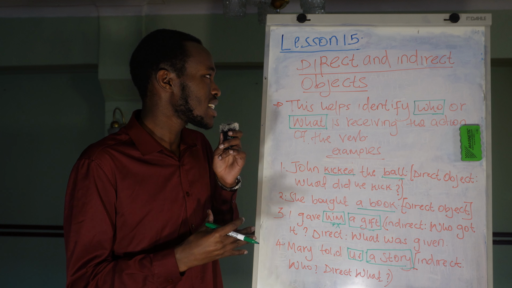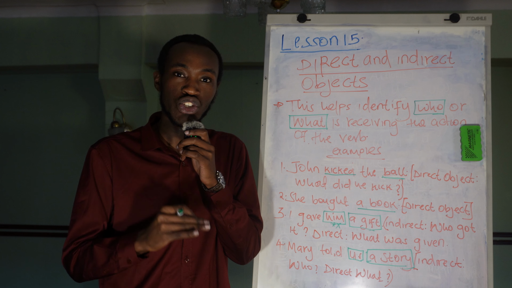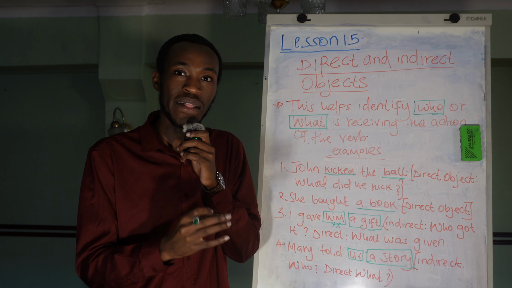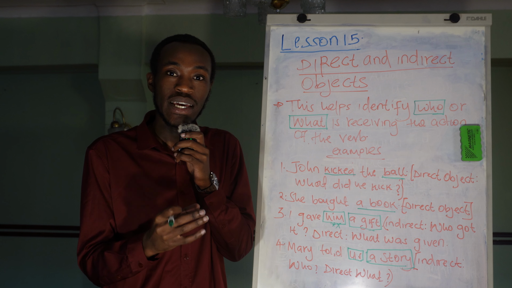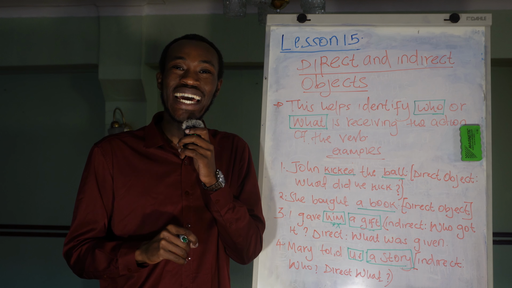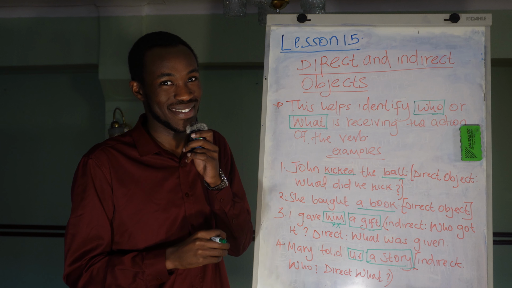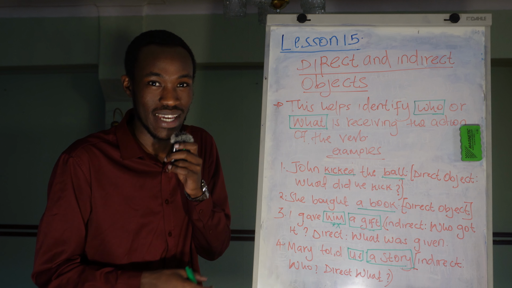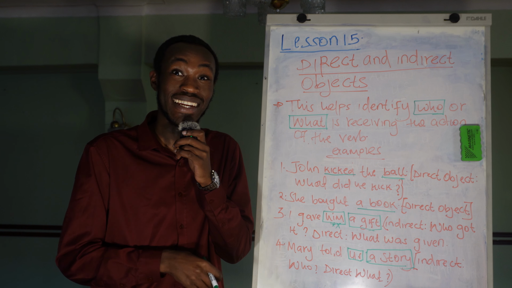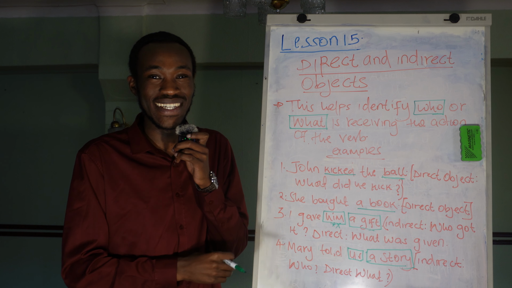The direct objects are objects that receive actions directly. These are actions that the predicate makes impact onto them directly. They face the wrath of the verb. I have just symbolically stated that they face the direct wrath of the predicate, which is the verb.